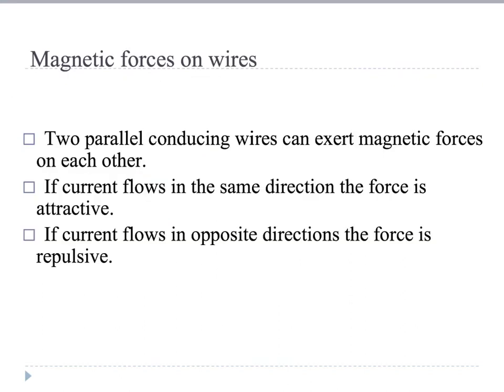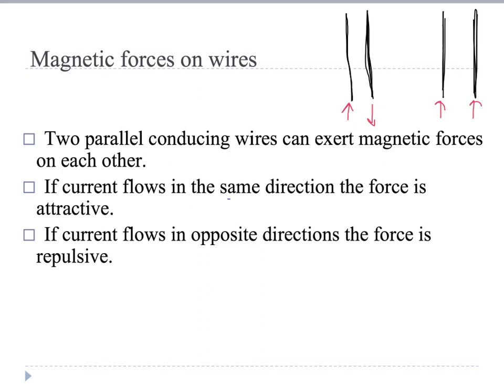Anytime we have two parallel conducting wires, imagine we have two wires here, and in them we have two currents. The possibilities are these two. In one we have the current going this way, and in the other we have the current going this way, the same direction.